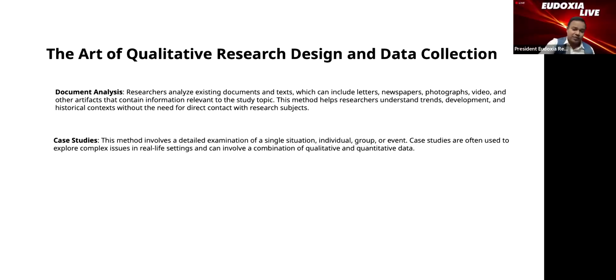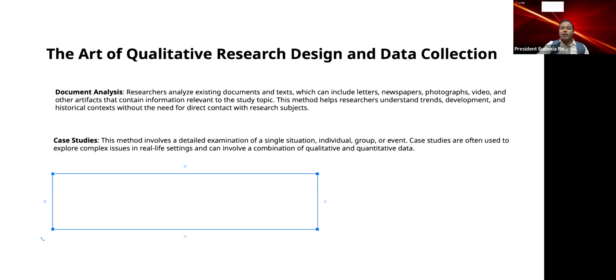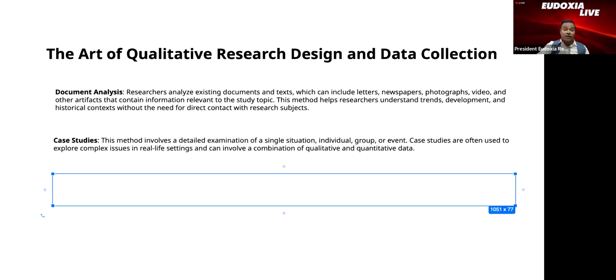Finally, I wanted to discuss with you the visual method. This is also very important, the visual method in qualitative research design. Nowadays we are moving forward with technology, and in this techno-civic world we need to use visual tools.